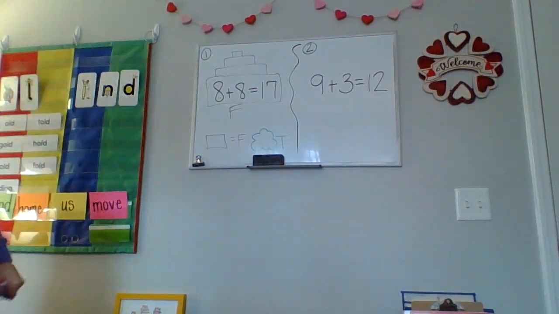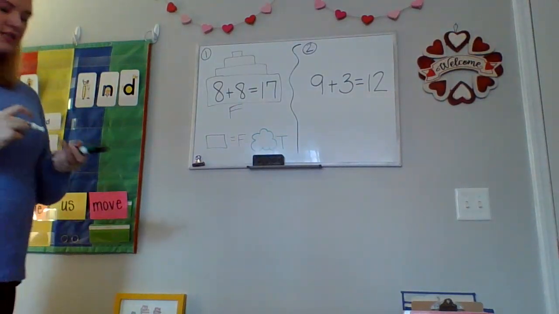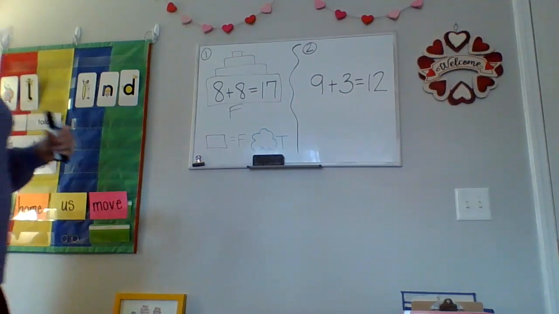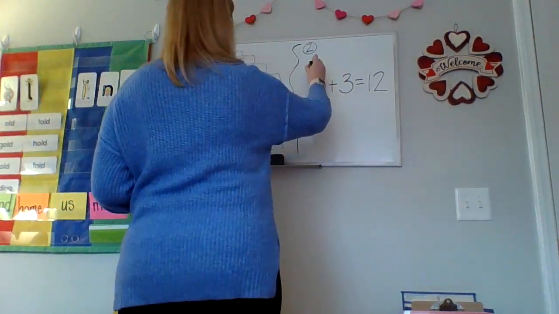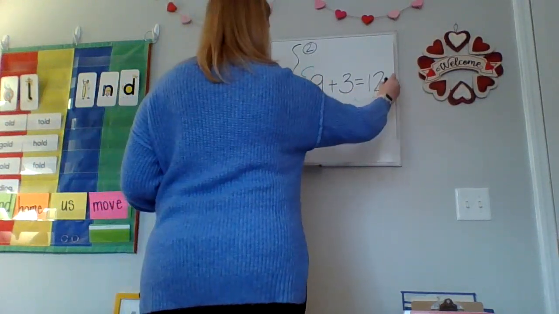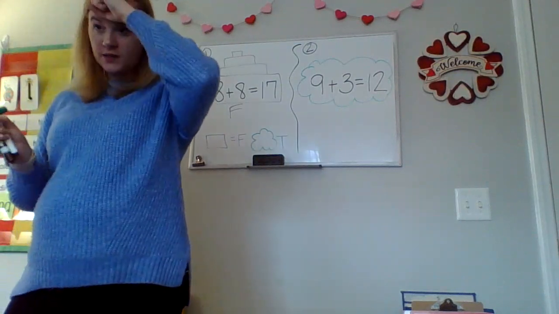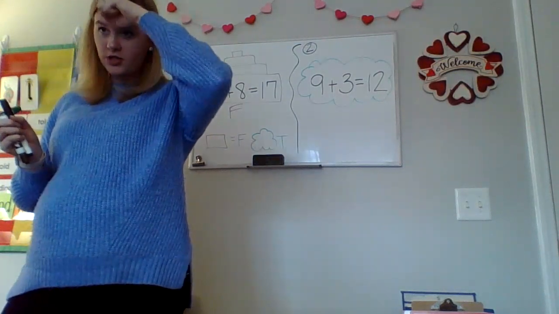Bad equation. Who could tell me about my next problem? My next number sentence. Riley, go for it. 9 plus 3 equals 12 is true. That's right. I didn't mean to call you out, Riley, but I was watching her in the corner and she was putting that number in her head and I could watch her count.